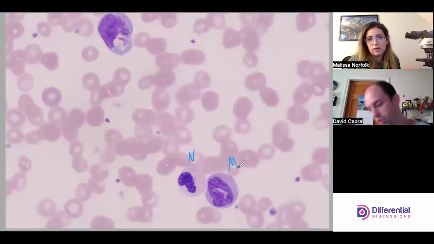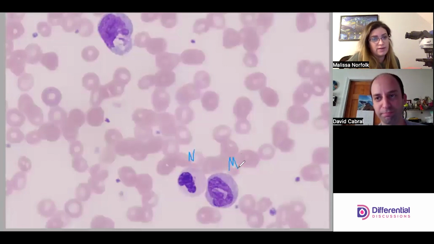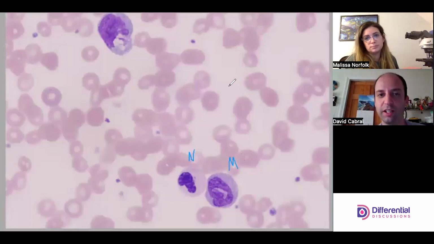I agree. The chromatin pattern doesn't look quite as mature as some that we have seen, but it doesn't look as immature as the promonos we have seen. Right. I kind of expected to see more promonos, but it depends on the patient.